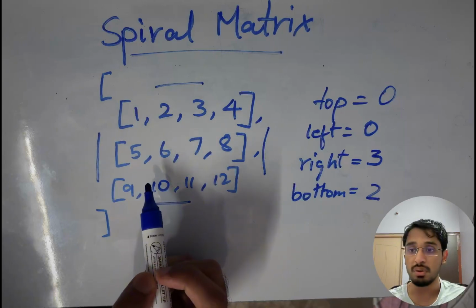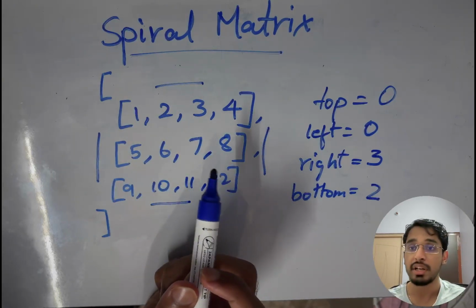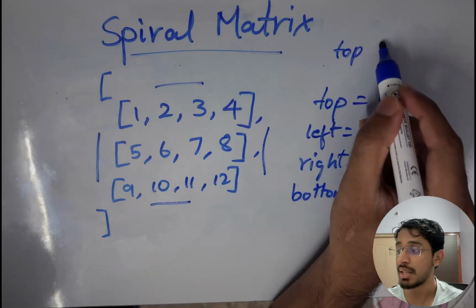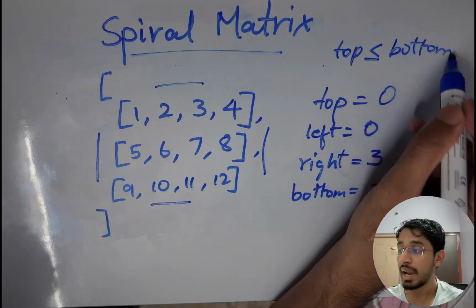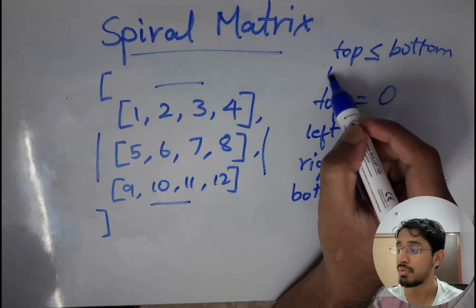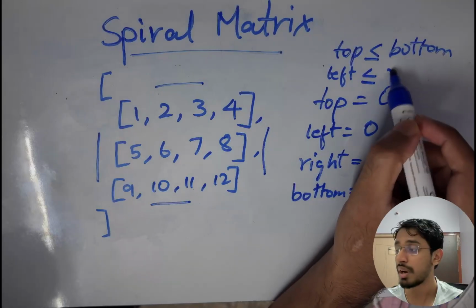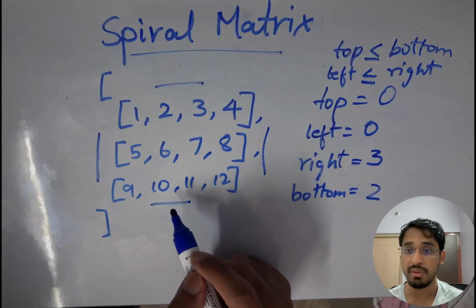Whenever we go across every loop, we need to make sure that we are obeying the conditions. So what is the condition? The top value should always be less than or equal to the bottom value, and the left value should always be less than or equal to the right value. Only then do we go across every single element.